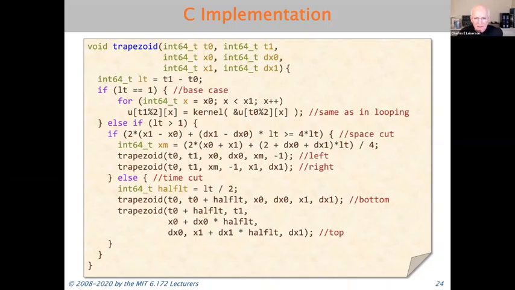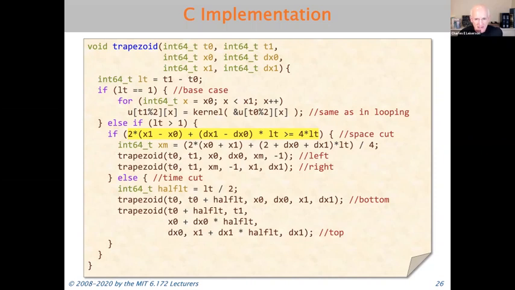The only tricky thing, the only clever thing to understand, is how the comparison of the width with twice the height works for determining whether to cut in space or time.